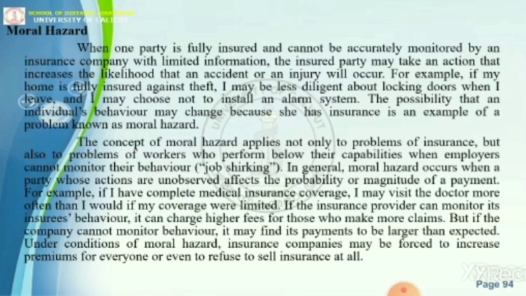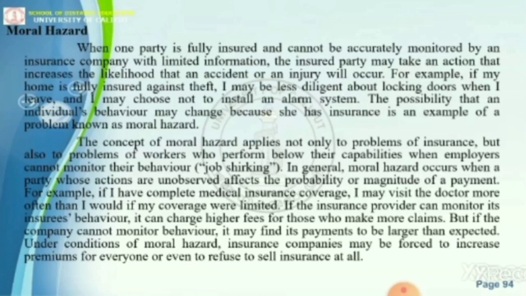In general, a moral hazard occurs when a party whose actions are unobserved affects the probability or magnitude of a payment. For example, if I have complete medical insurance coverage, I may visit the doctor more often than I would if my coverage were limited, right? That's right.